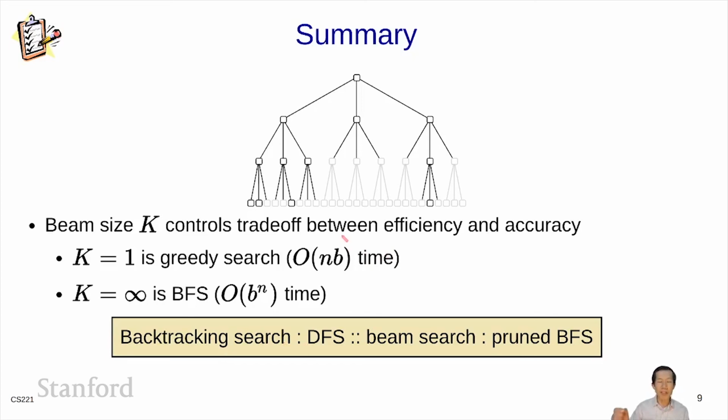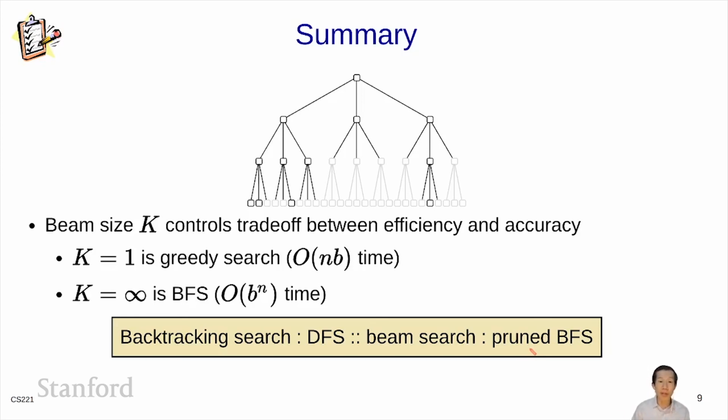It dives deeply into one complete assignment and then backtracks and finds another complete assignment and backtracks, looking at one assignment at a time. Whereas beam search is more akin to breadth first search, where we're proceeding level by level. But the main difference with breadth first search is that we're doing this heuristic pruning at each level to make sure that we don't have too many candidates.